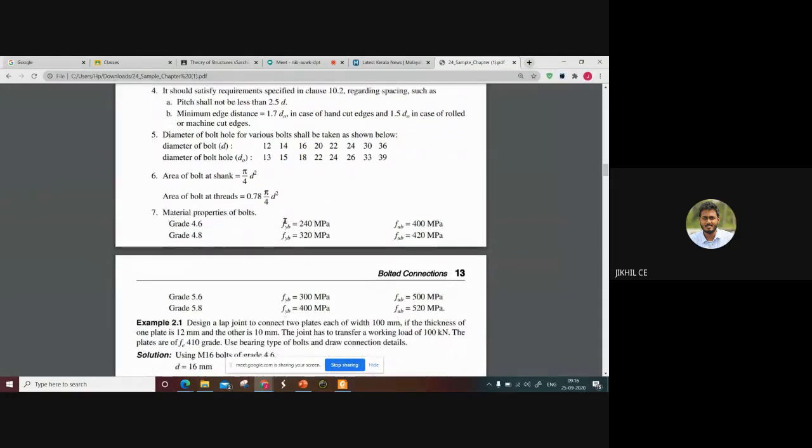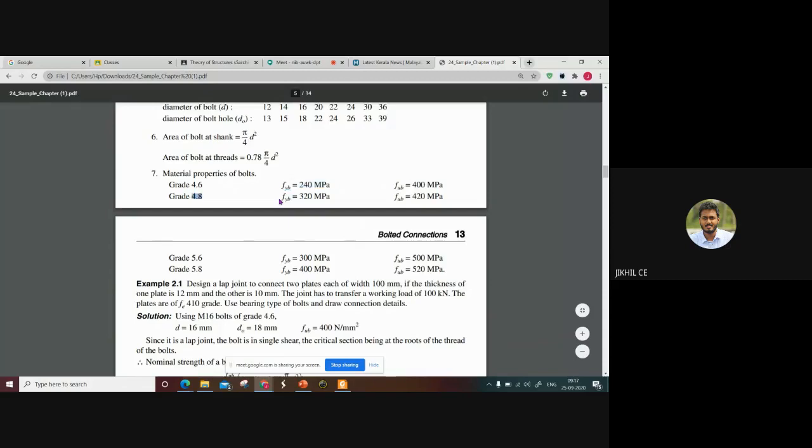Then another important criterion: the grade 4.6. I told you 4.6 means the ultimate strength will be 400 megapascal and the yield strength will be 400 into the remaining 0.6, 240.